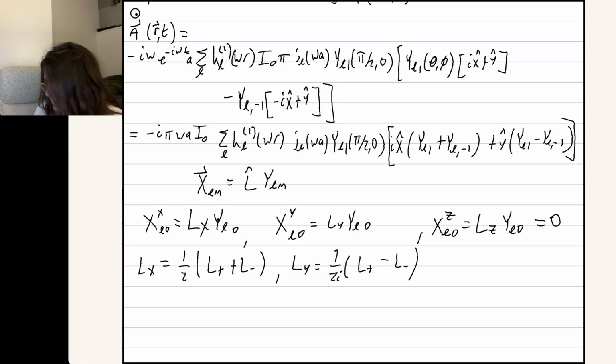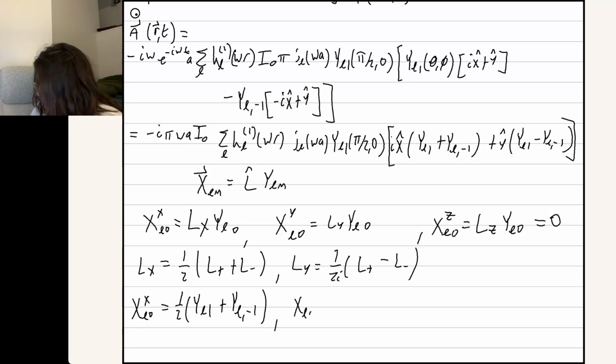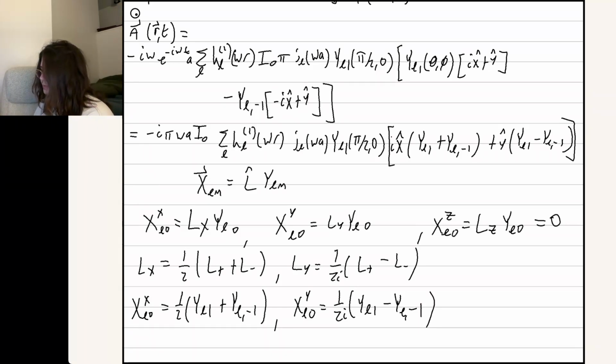So we have that this is going to be 1/2, or let me specify, X_l0 x equals 1/2 of Y_l1 plus Y_l minus 1. And then X_l0 y is going to end up being 1/2i, Y_l1 minus Y_l minus 1. And now you see why I actually wanted to group them together like this.